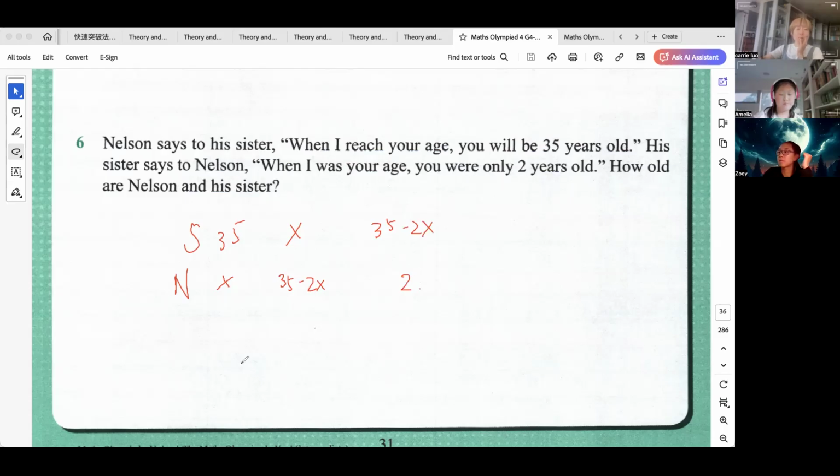That's right. So what stays the same, Zoe? The difference between two people, right? So 35 minus 2X minus 2 is the difference, equals what? 35 minus X. Sister minus Nelson is still the same. So 33 minus 2X equals 35 minus X.